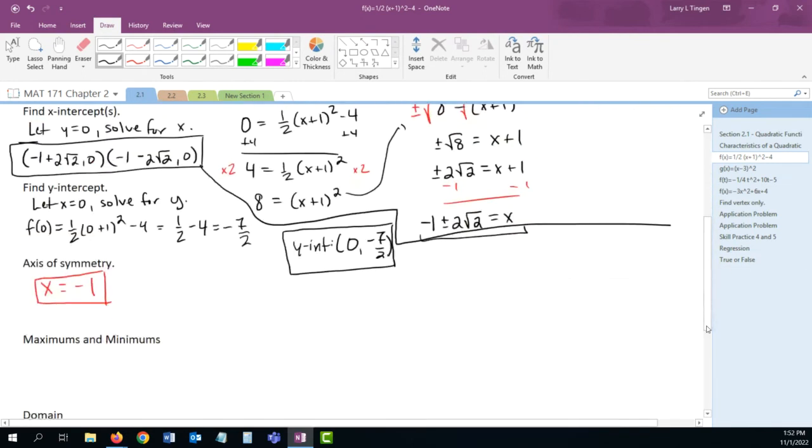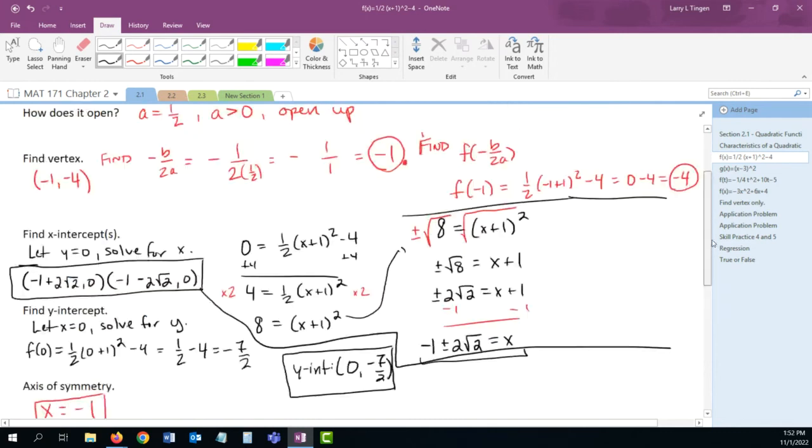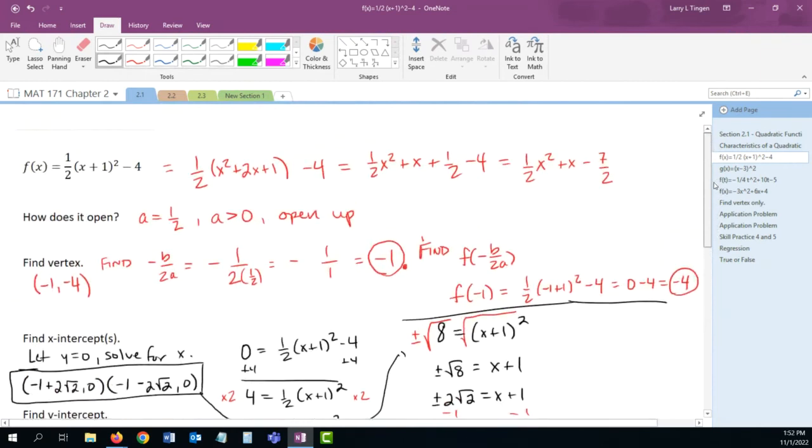Now I've got axis of symmetry is done, and then maxes and mins. When I have a parabola, there's only going to be one of these, right? When I'm dealing with a quadratic where the highest power of x is 2, I'm going to have one max or one min. I'm not going to have both, right? So based on this quadratic, A is positive, right?